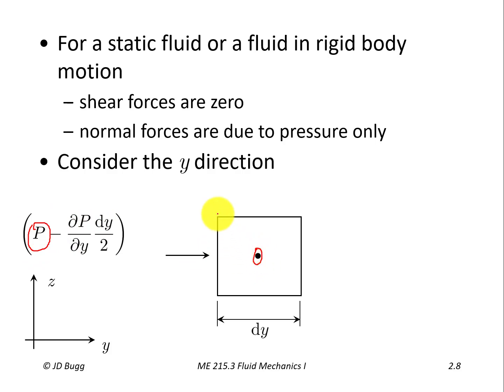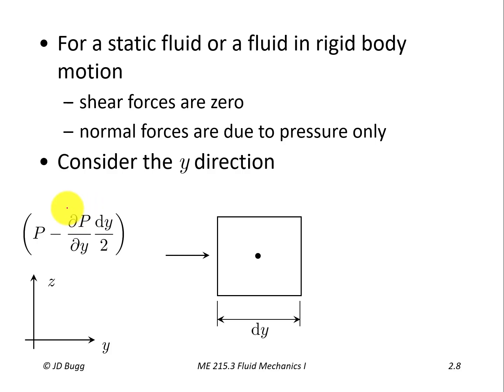But what we actually need is the pressure at that location. So we need to adjust or change that P a little bit. Well, how much do we need to change it by? Well, we need to subtract from that P this quantity. And we'll talk about why we're subtracting it in a moment, but we just want to dig into this part and make sure we understand exactly what it means.